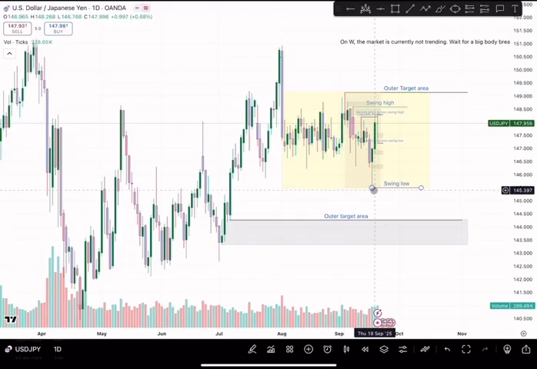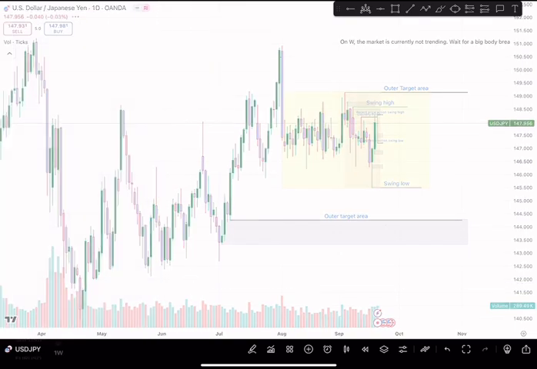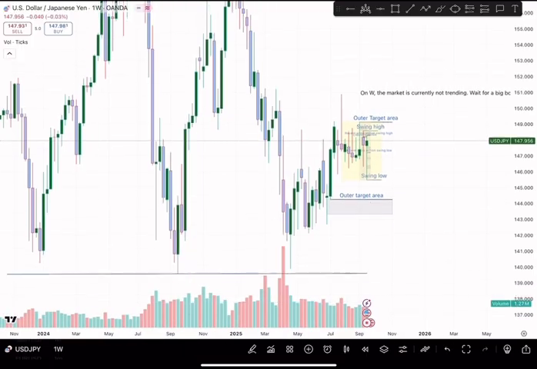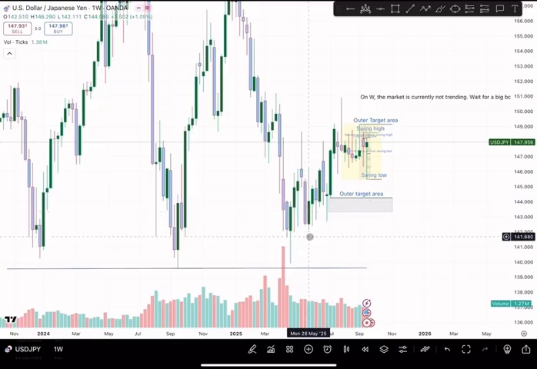And usually, because it's showing consolidation, it's even showing it on the 1 week as well. The 1 week has very small wicks. And right here, see, it's just wicks. It's not like coming really down or going up.